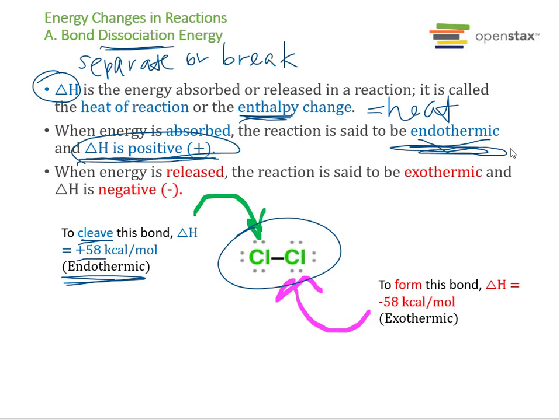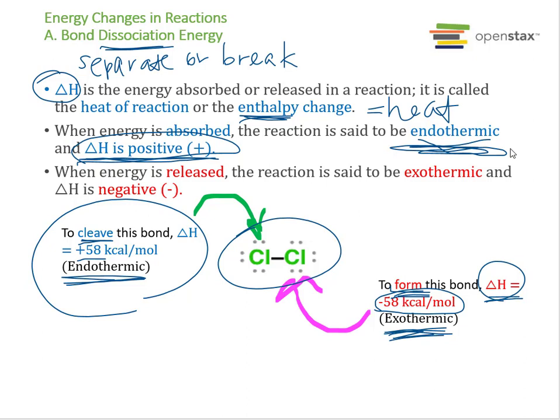Now, when energy is released, so when I go backwards and I take my two atoms and I form a bond, we know that forming a bond, like we just said, is exothermic. That delta H is negative. So notice it's the same number, it's the same amount of heat, but if it's exothermic, it's represented, that delta H, as a negative value.